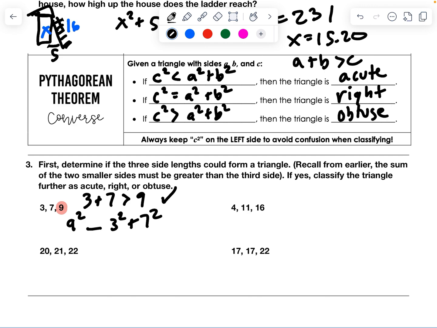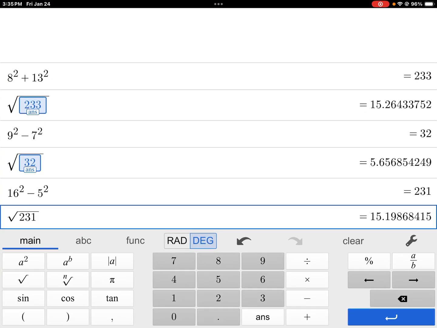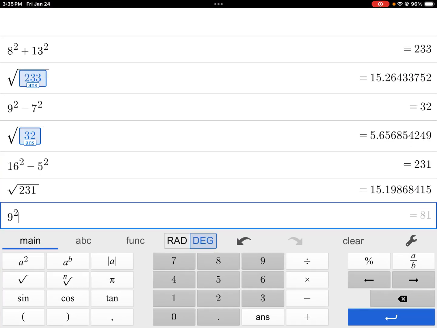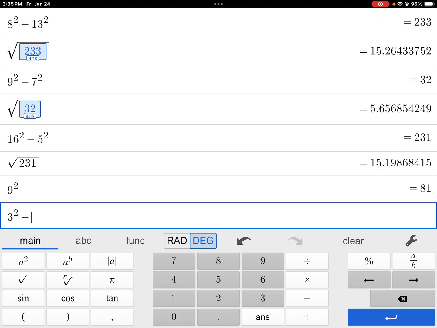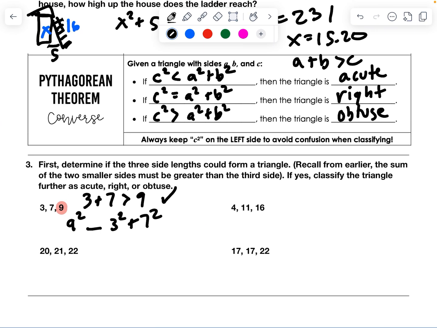So if I go to my calculator, I know that 9 squared is bigger than 3 squared plus 7 squared. Since C squared, the longest side squared, is greater, not equal and not less than, we have an obtuse triangle.